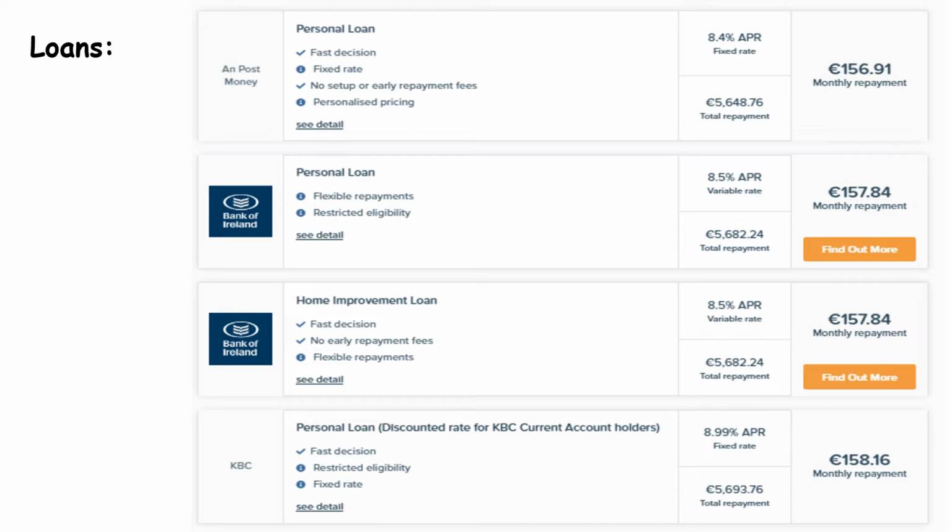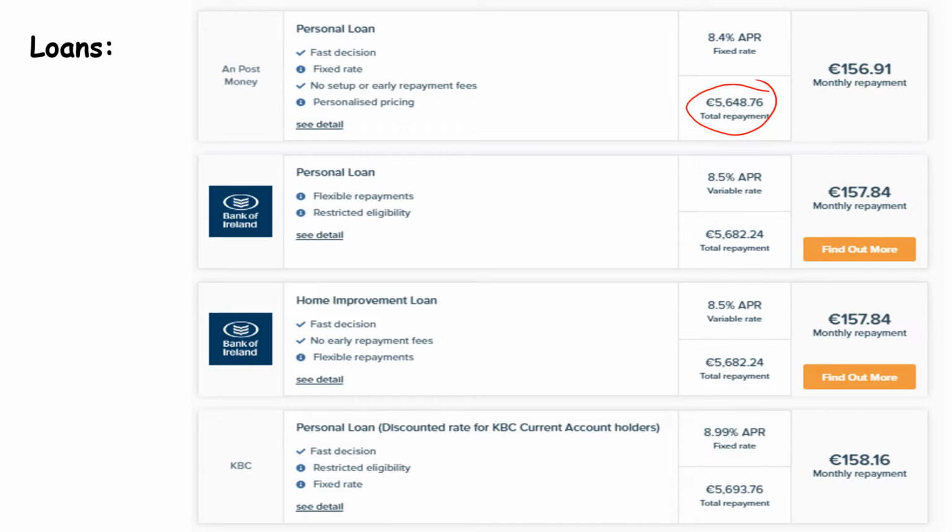So when we're talking about loans, we have different percentages depending on how long you're going to need the money for. So these are what we would consider maybe medium term, maybe 5 years. All of these show I borrowed €5,000, and they have included, very helpfully, a repayment amount.